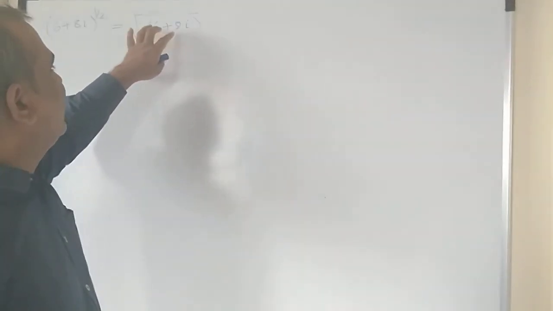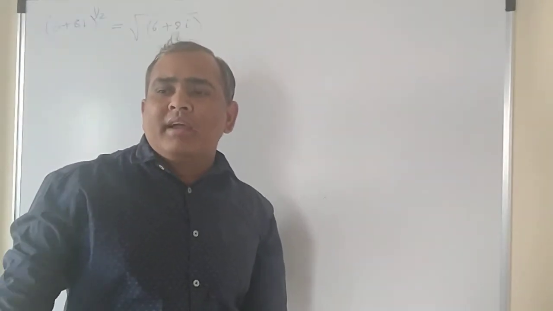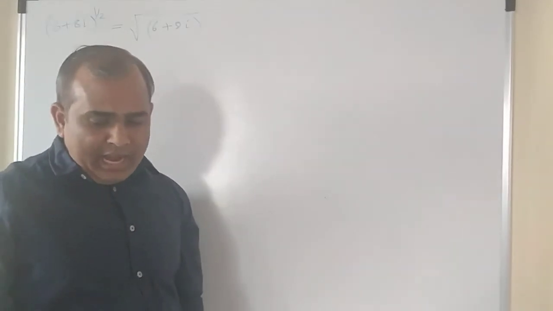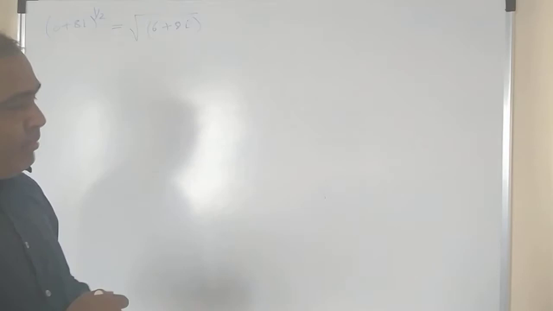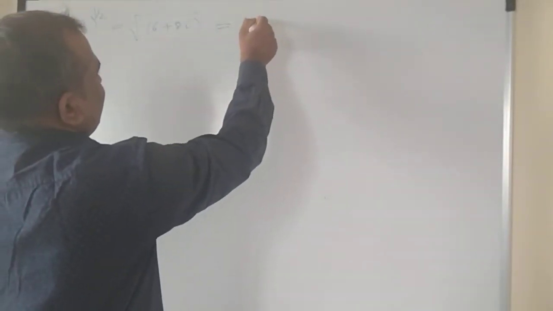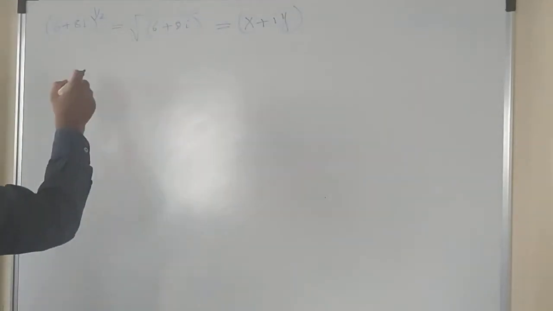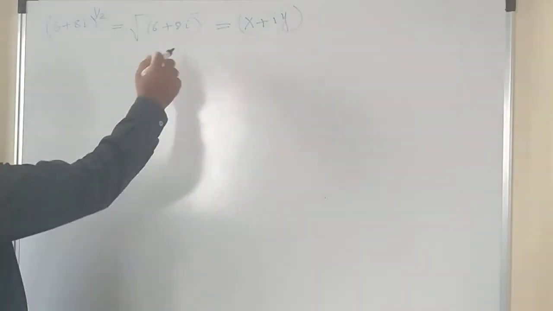Whenever you get this kind of problem where the angle is not easy to get, how do we solve it? To solve this kind of problem, let us equate the complex number z with x plus iy.